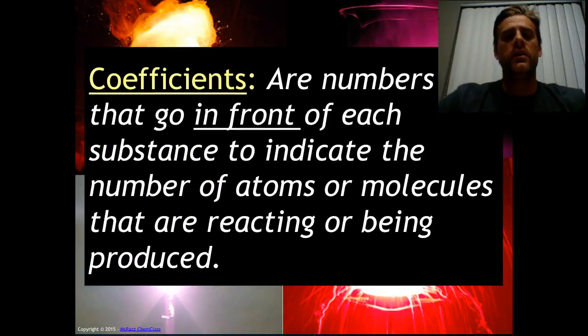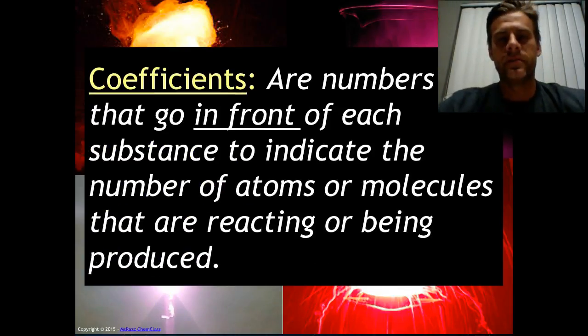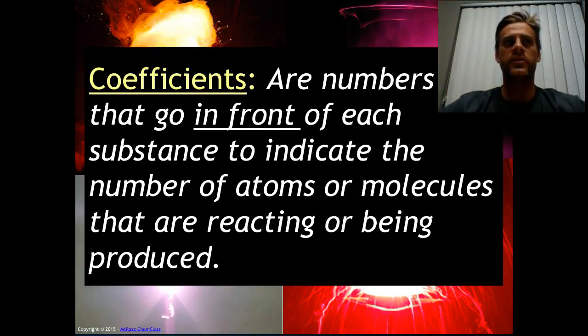All right. So coefficients, okay, are the way that we do that. Coefficients are not part of any of the chemical formulas. So when you were doing chemical nomenclature, none of what you did, with one exception, that was the hydrates, had anything to do with coefficients. Coefficients are whole numbers, and they're not within the formula. They're not subscripts.